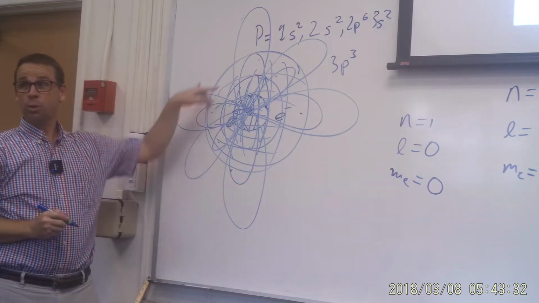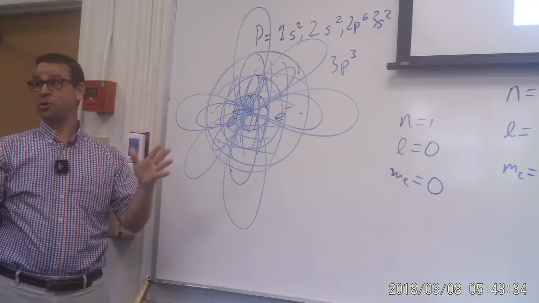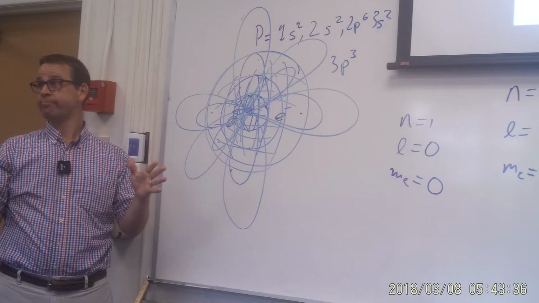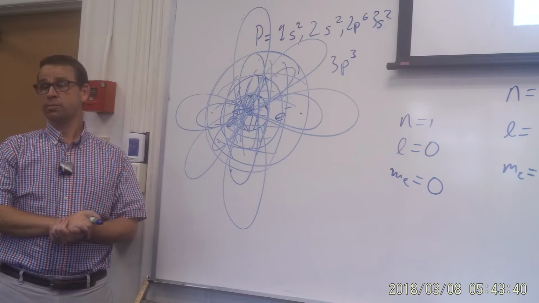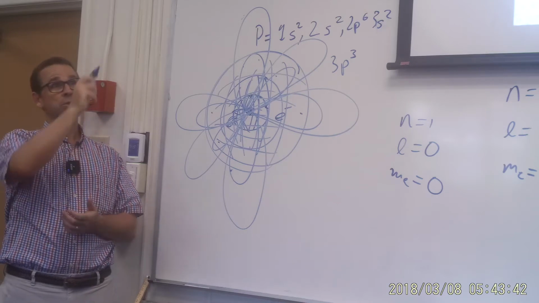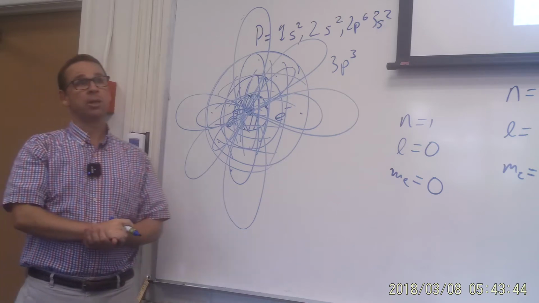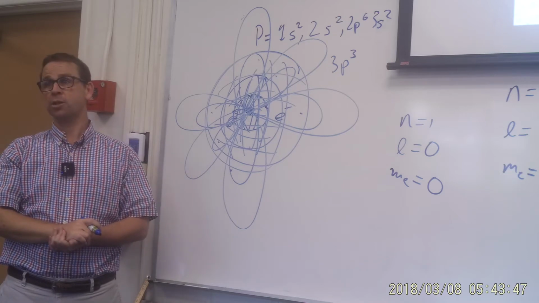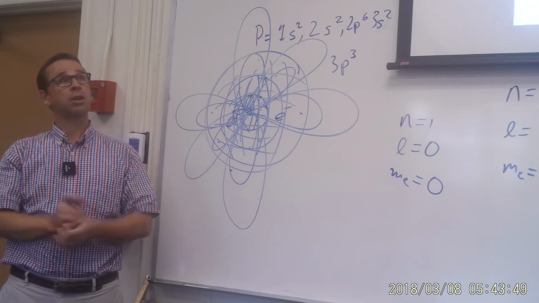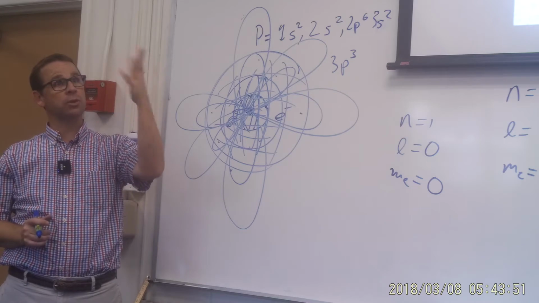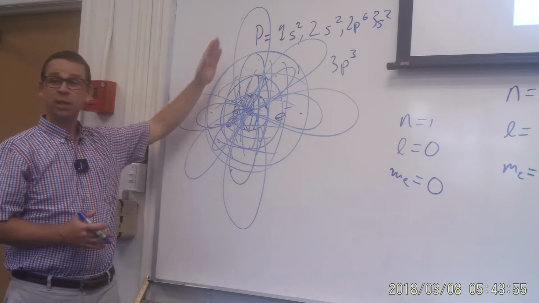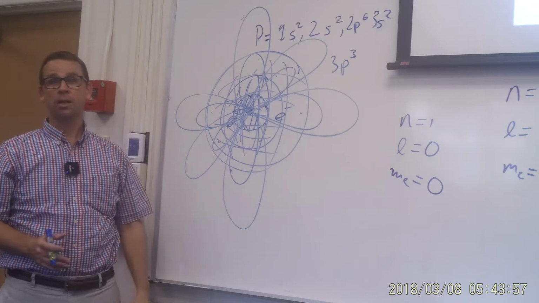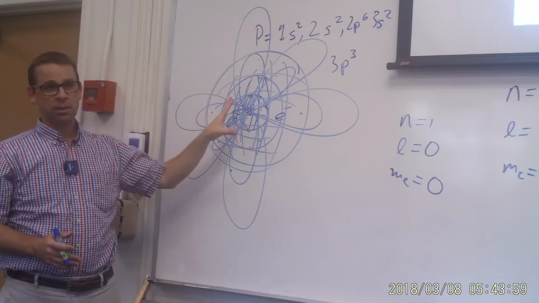There's 3 3p orbitals, a total space for how many electrons? How many electrons could I fit in 3 p orbitals? From aluminum to argon, how many electrons would fit in that subshell? 6 across there, right? Aluminum, silicon, phosphorus, sulfur, chlorine, and argon. 6, and that's consistent with 2 electrons per orbital, right? But I only have 3 in the 3p here.